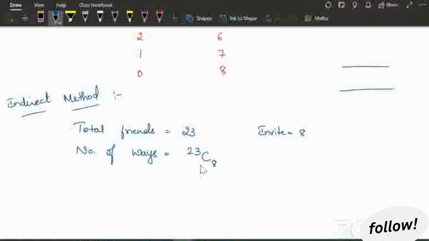But in this 23C8, what all types of groups is he inviting? It can be an all women group, right?